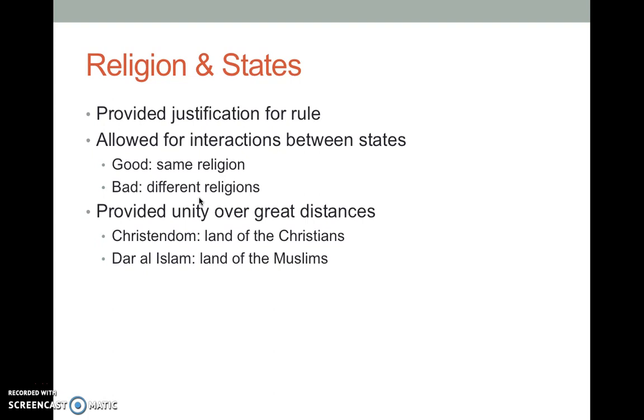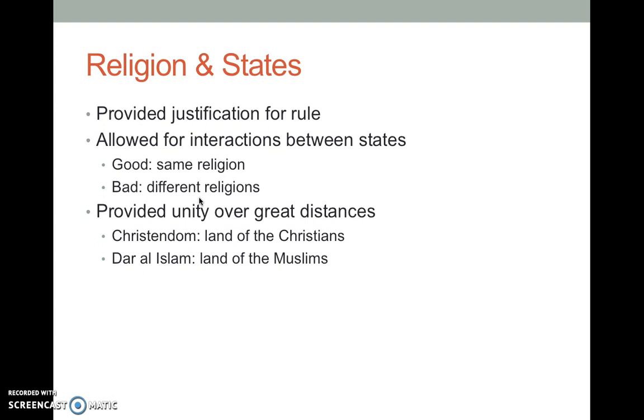But religion can unify empires. In fact, both Christianity and Islam have terms for land that is populated and under the control of their religions. The Christians refer to Christendom.